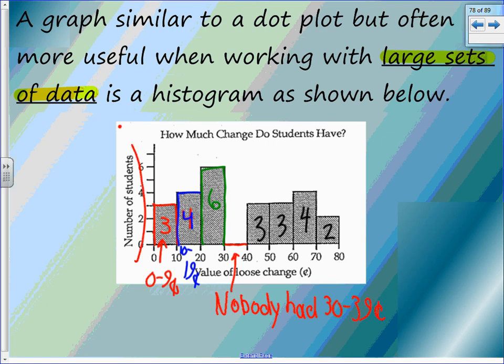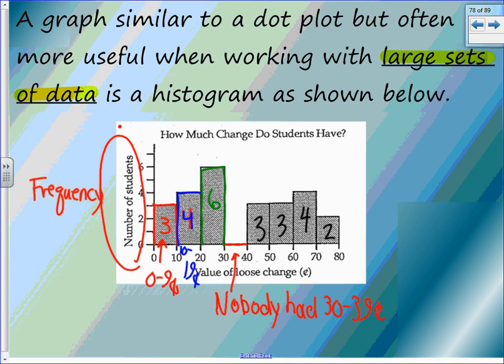The left side always has to be the number of data points, whether it be number of students, number of cows, number of houses. This also can be called frequency. Frequency is another way of saying number of, all right? And we did talk about frequency the very first day that we discussed this.